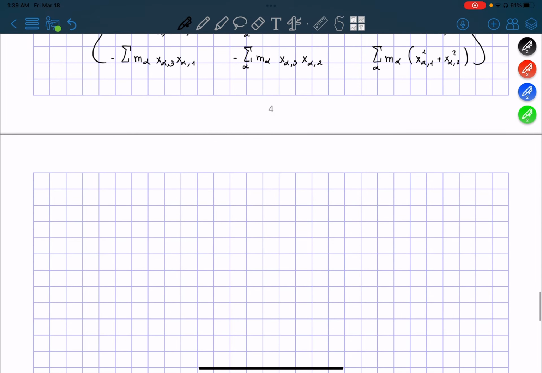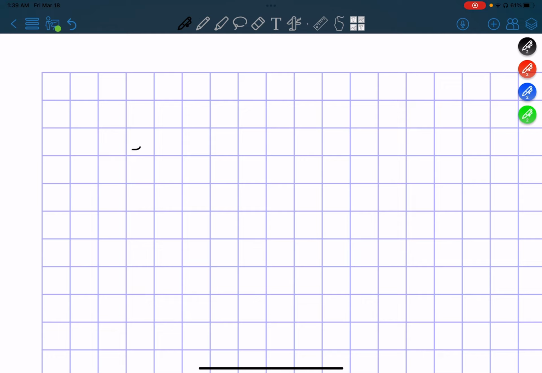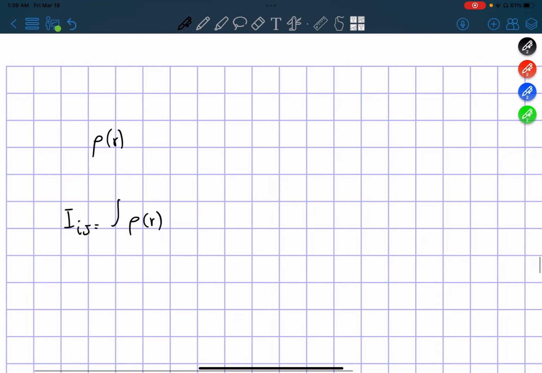One more thing you have to take into consideration is if the object has a continuous mass of density rho in terms of r, then our I of ij is going to be equal to the integral of the mass times the Kronecker delta ij summation of x alpha k squared minus x i x j, k dV.